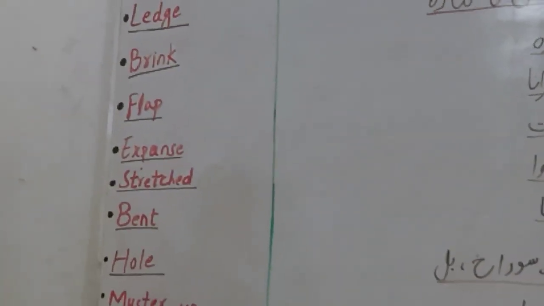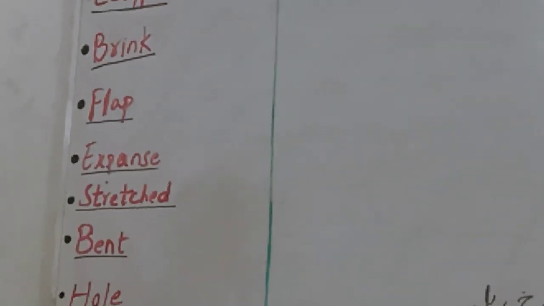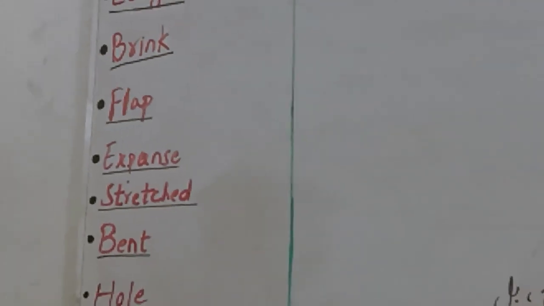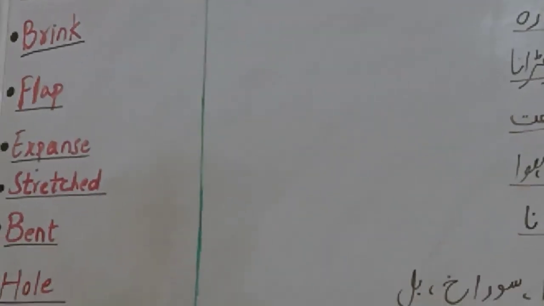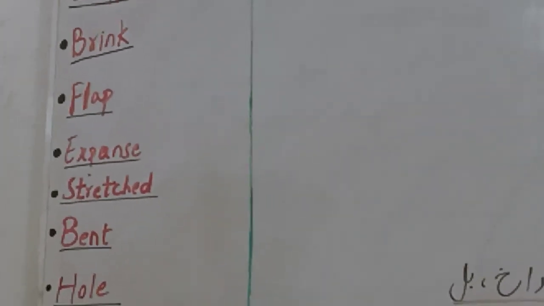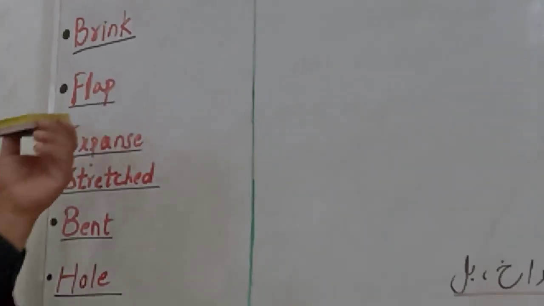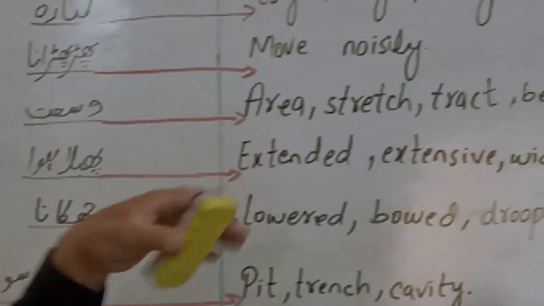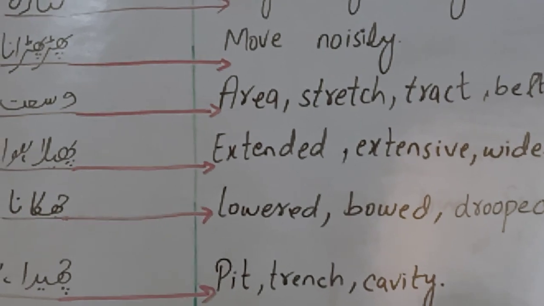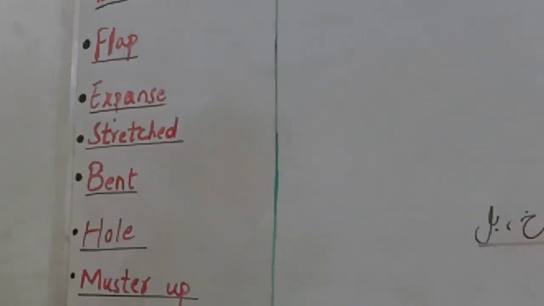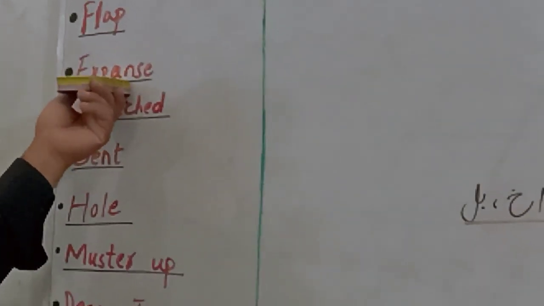I'm just giving you the example of synonyms so that you may use the synonyms in your writing. That will be a good answer if you are using synonyms and different sentences than that of the sentences used in the text or used in the book. Flap. Flap means to move the wings. Next one is expanse.